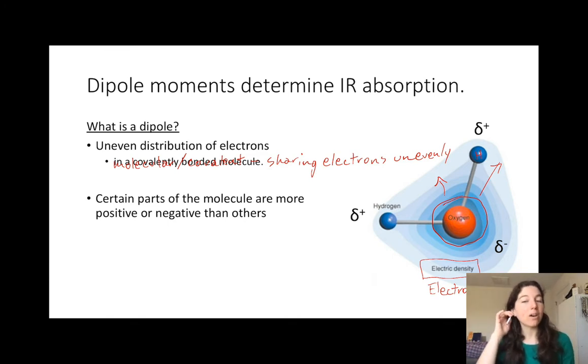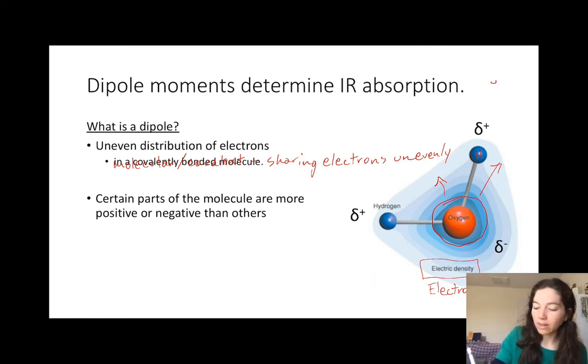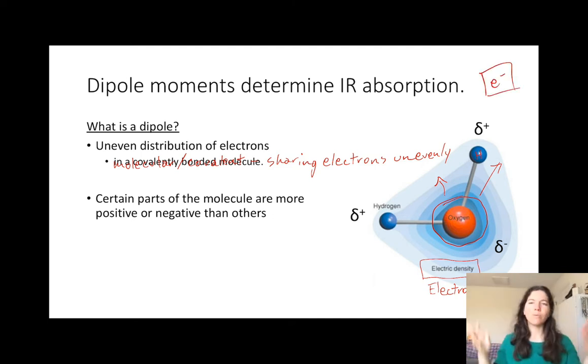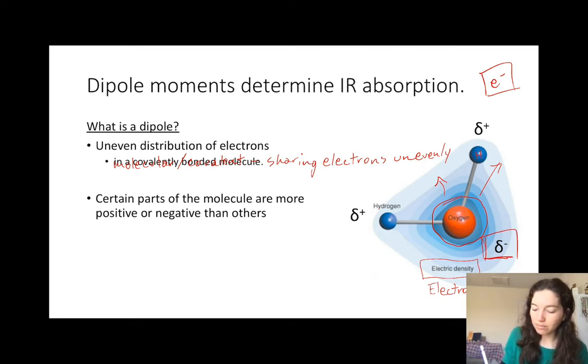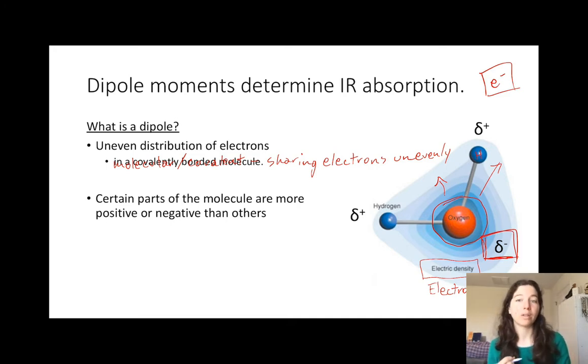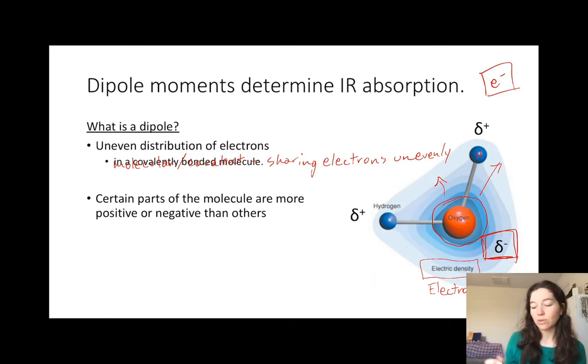And so what this causes is an uneven distribution of charge inside of the molecule, because electrons are negatively charged, right? So if we have a bunch of electrons around one particular atom, that atom is going to be more negative, which is represented by this partial negative charge. If there's less electrons, then they're going to be relatively positive in relationship to our negative side.